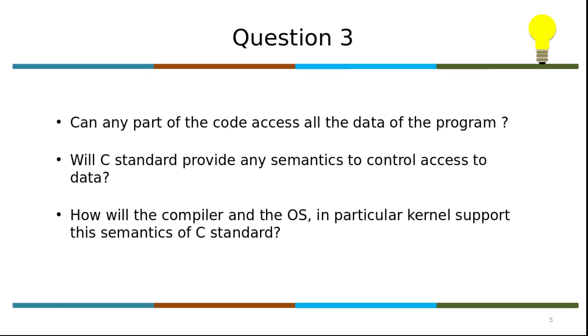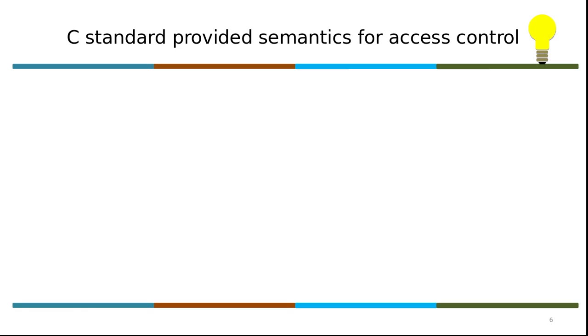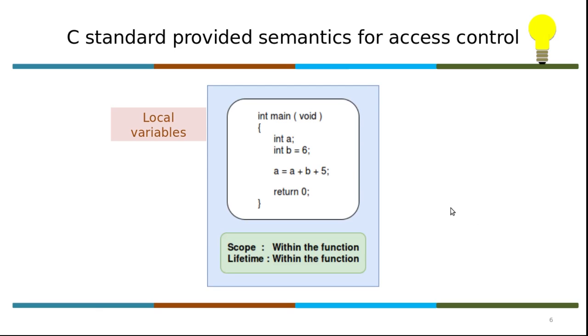Yes, a compiler will also support the specification of C semantics, and we will see later how the compiler supports this. Okay, the first specifier. Here the position of the data itself will indicate that the code within this function only can access this data.